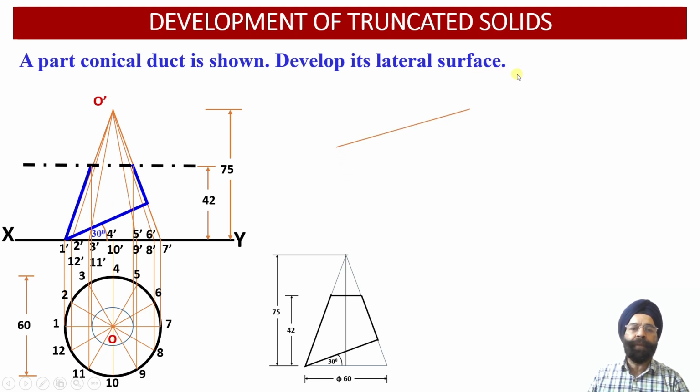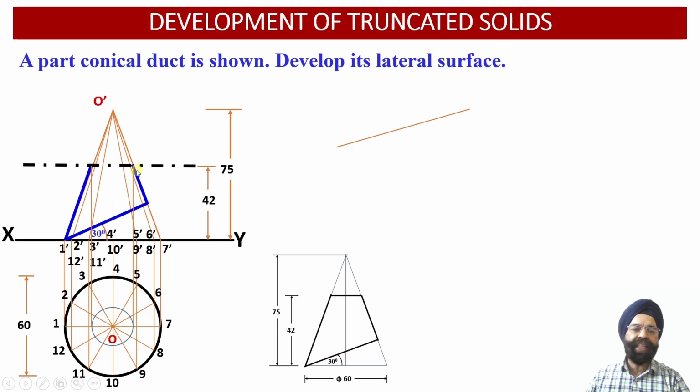In order to obtain the development of the lateral surface of the truncated cone, to begin with, we have to draw the development of the uncut cone. So we know that, as we have discussed, O1 happens to be the true length of the slant generator.